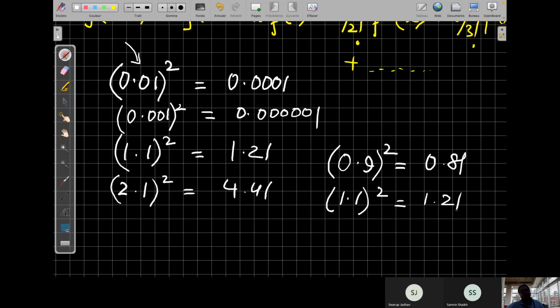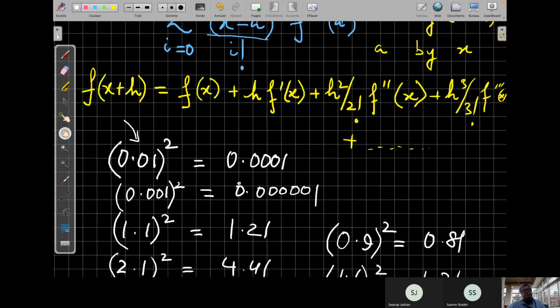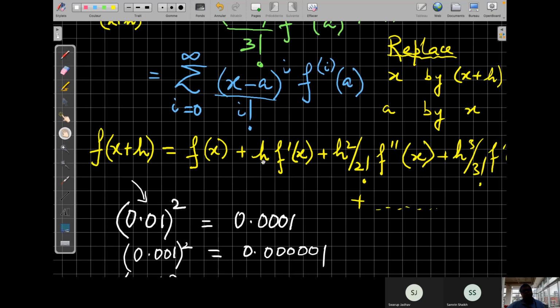What I'm trying to drive at here is that this particular h that you are going to take here has to be smaller than 1. I don't want an h which is bigger than 1. If you take an h bigger than 1, then this series is not going to converge. It will become a divergent series, which means it will not have a sum.